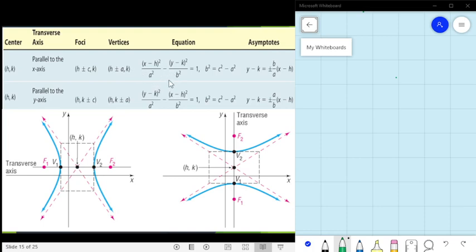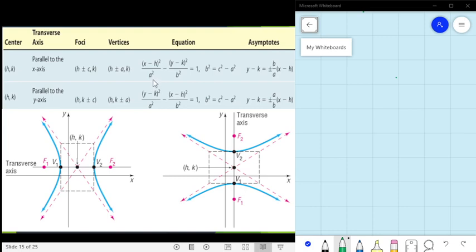And then we have the equation. So lahi na po ni siya nga equation nga naman. So kung asa mo parallel ang imong transverse axis, adto pud nimo i-denominator ang imong A. Okay?